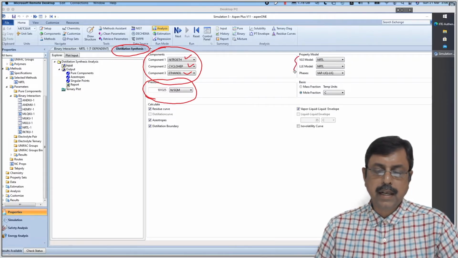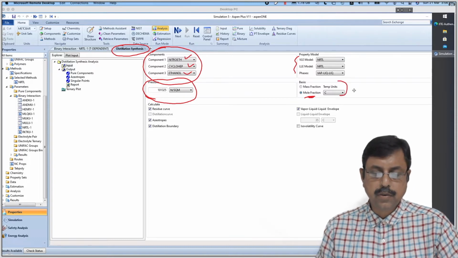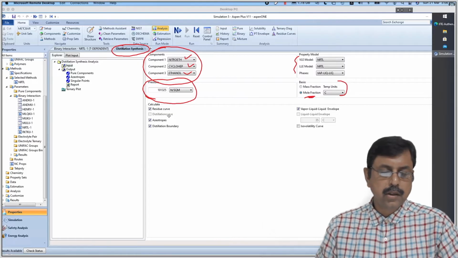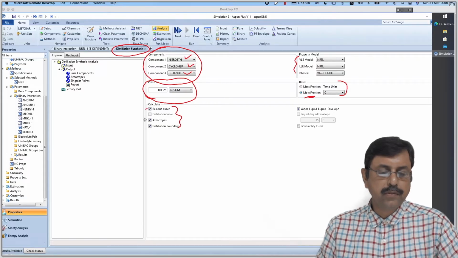The VLE, LLE model is NRTL, and the basis is mole fraction, not mass fraction, and temperature is calculated in centigrade unit. So they will calculate the residue curve, azeotrope, and distillation boundary.